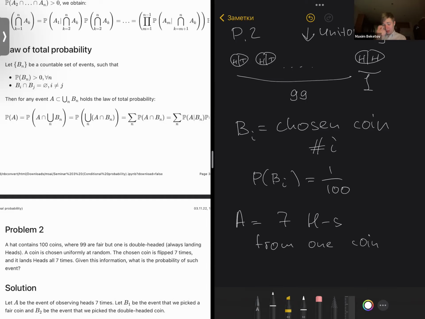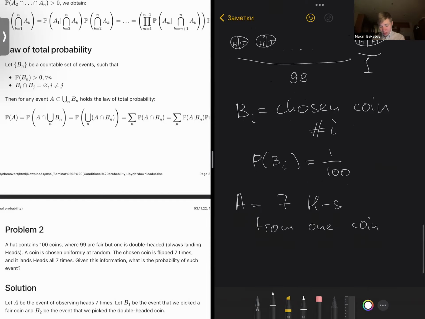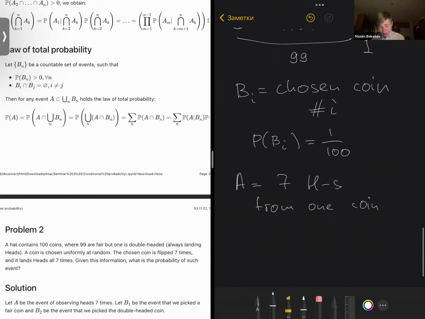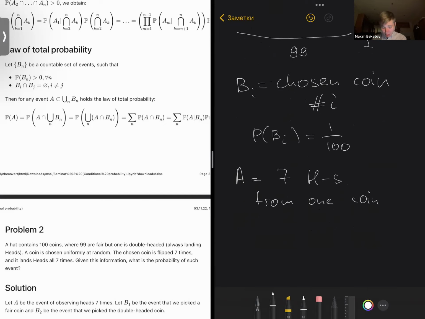So we took one certain coin, and we flipped it 7 times and got 7 heads. So clearly we now need to find 2 conditional probabilities: probability of A given B_i, with the index being less than 100.